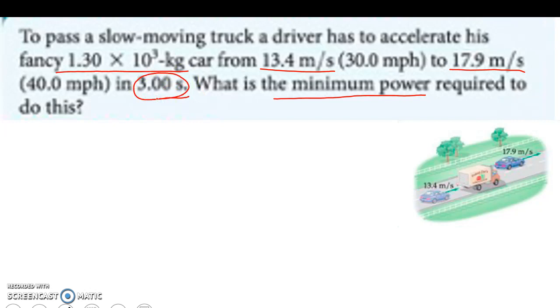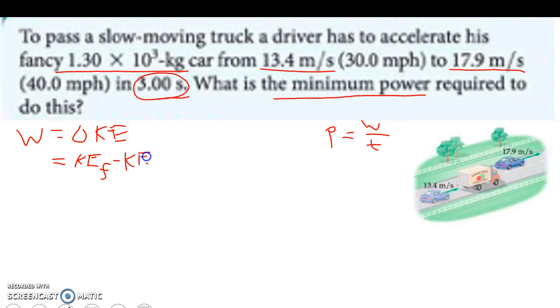First thing we want to think about is what power is equal to. Power is work over time. We also know that work is the same as change in kinetic energy, the work-energy theorem, which is kinetic energy final minus kinetic energy initial. So let's do some math to find what our work is going to be.